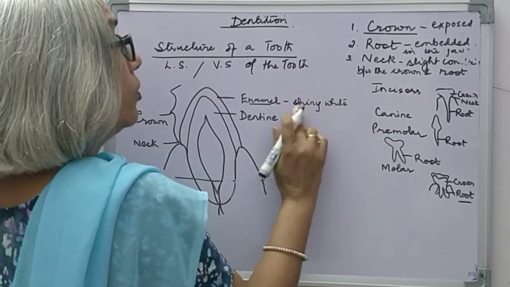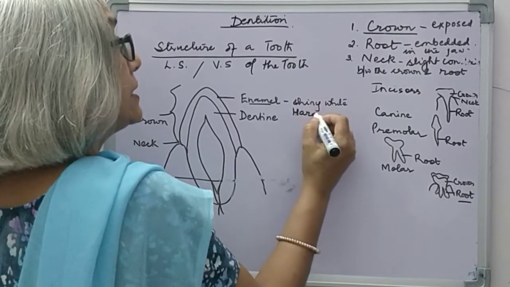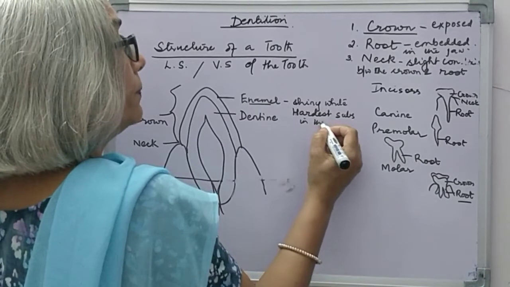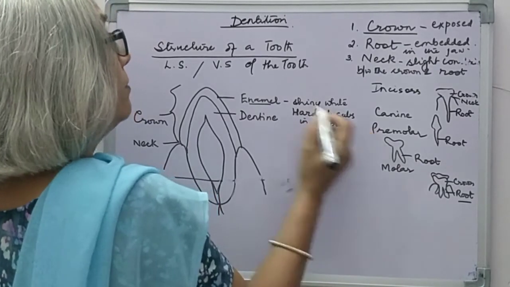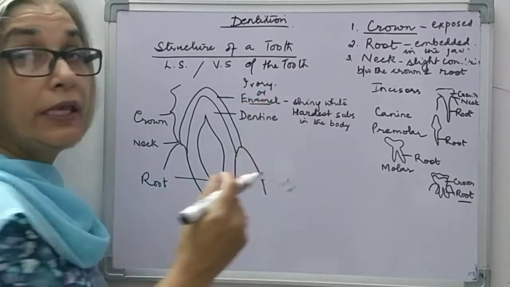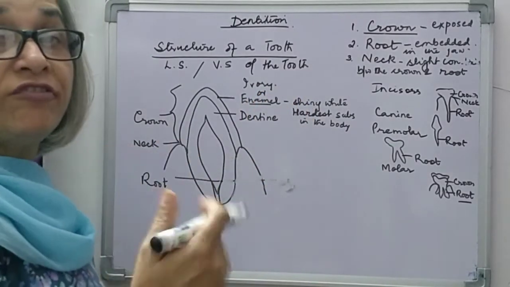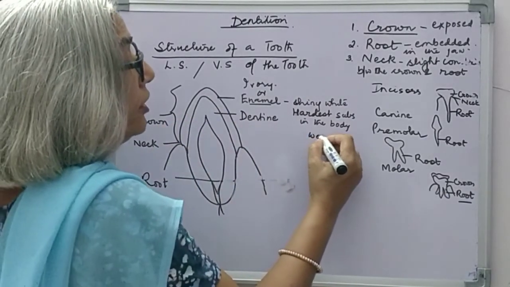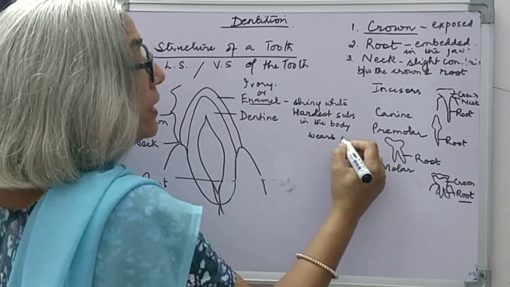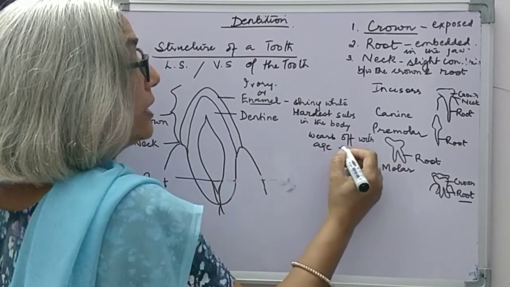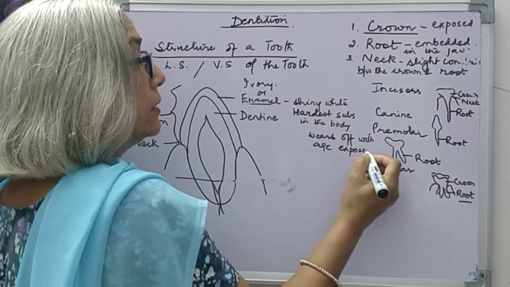Now if we see the outermost covering, that is shiny, white in color, very hard, the hardest substance in the body, it is enamel. It is also called ivory. Enamel wears off with age and exposes the dentine.